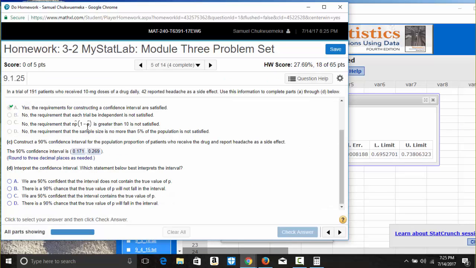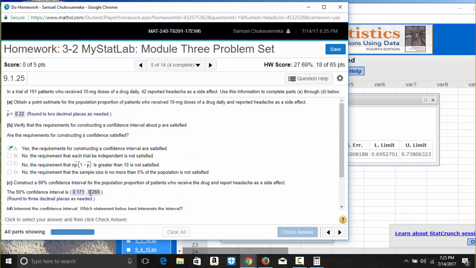Oh, we have another one here. Interpret the confidence interval. So we are 90% confident that the interval, if you look at this, this is the confidence interval here, 0.171 to 0.269.